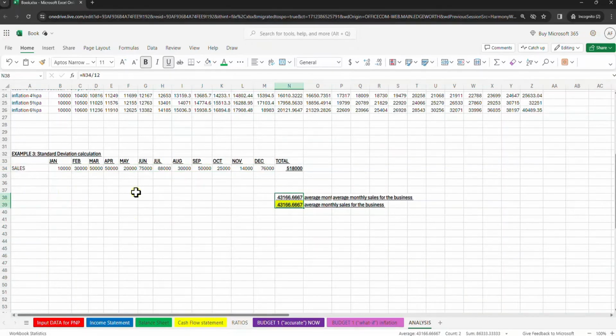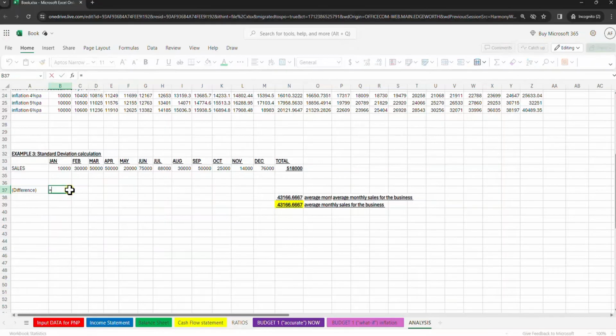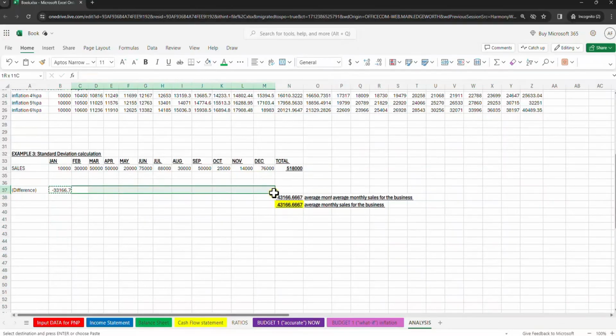If I had to do this manually, which is possible, it just takes a lot longer to do. So the first thing I need to do is work out the difference, in other words, what we had earlier, this minus that. That's the difference. Copy paste that.